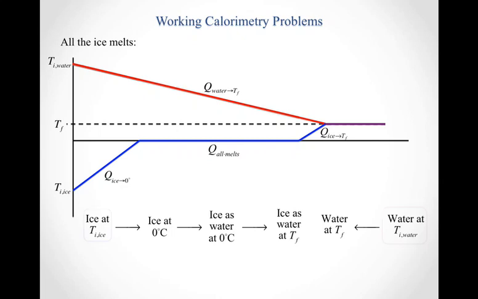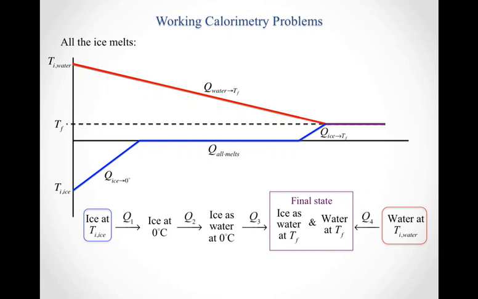And so what you can see is we're going to start with an initial situation on the outside: ice at its initial temperature, water at its initial temperature. And this is going to leave us with a final state where all of the ice has now been converted into water, all of the water that we started with, and all of that is at the same final temperature, some temperature that's above the melting point.